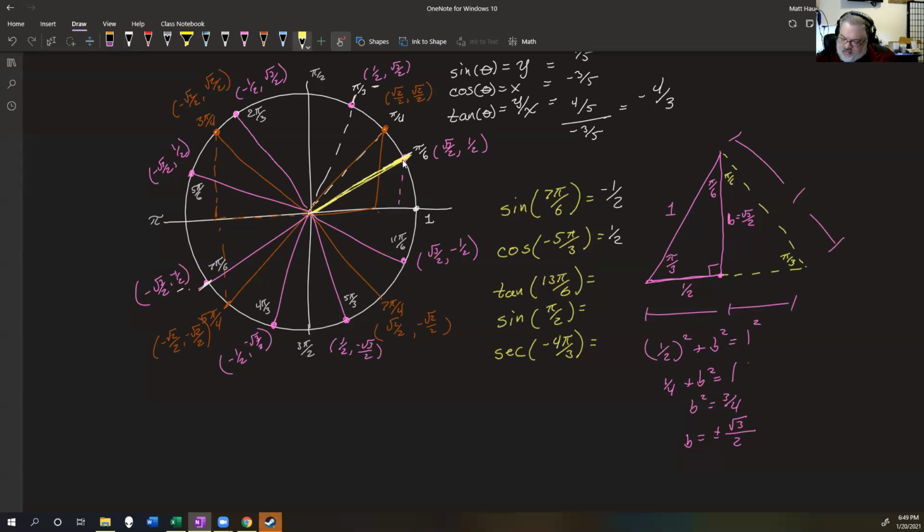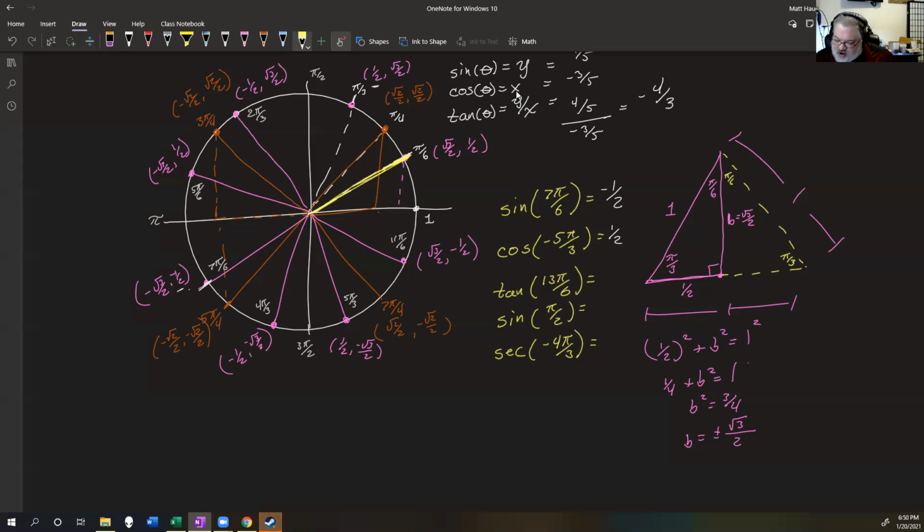So we're right here. In quadrant 1, since both coordinates are positive, the tangent's going to be positive. Tangent is positive in quadrants 1 and 3, where they're both negative. Sine is positive in quadrants 1 and 2. Cosine is positive in quadrants 1 and 4. It's good to know that.